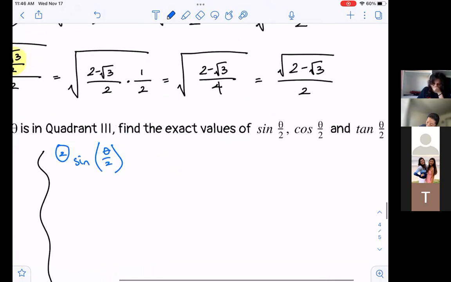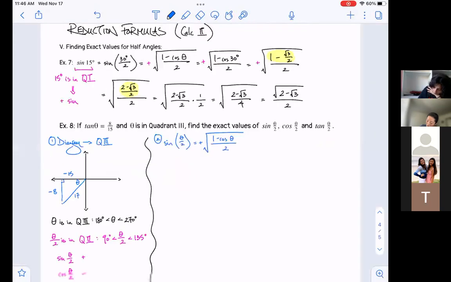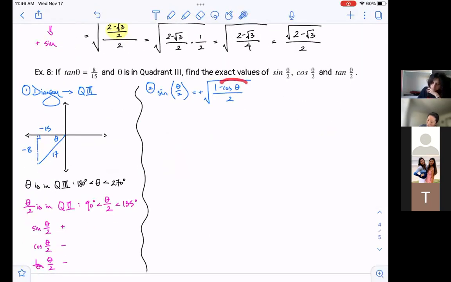All right, so I'm going to get sine of theta over 2 equals a positive square root of 1 minus cosine of theta over 2. Where do I get my cosine theta value from? I get it from my diagram. According to my diagram, what is cosine of theta?